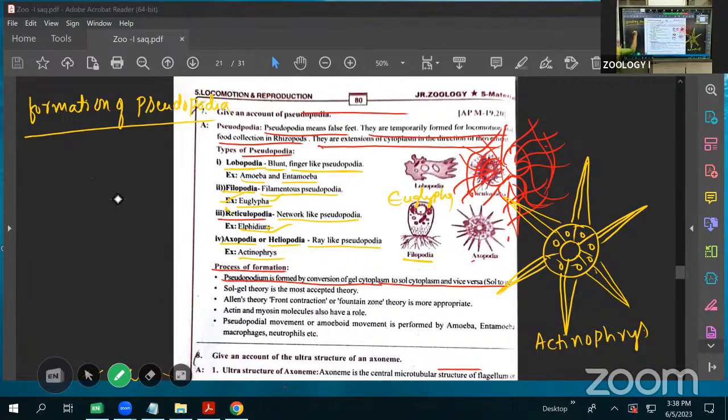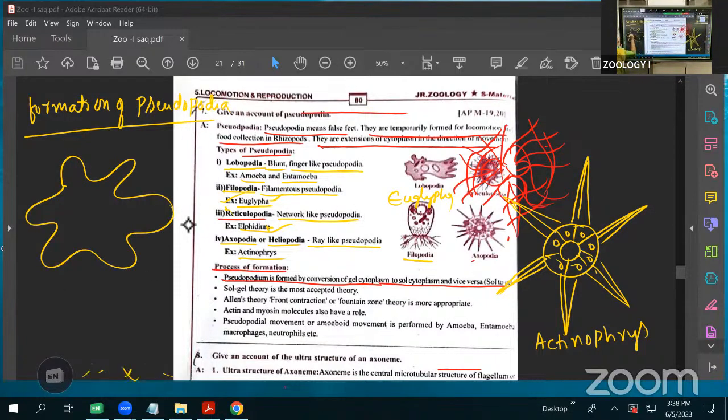For example, this one is the amoeba, and the amoeba has cytoplasm. The cytoplasm is divided into the outer ectoplasm and the inner endoplasm. The nucleus is inside, and the contractile vacuole is there. All of you know this. The inner is called endoplasm, and the outer is called ectoplasm.